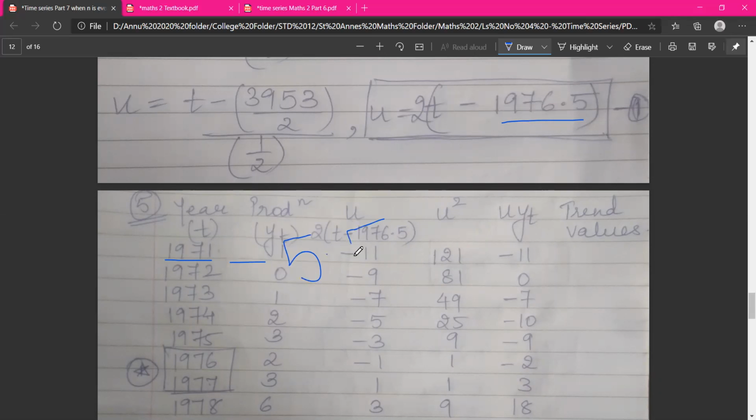So minus 5.5, as you can see bracket के बाहर 2 लगा है. So 2 into minus 5.5 you get minus 11. Similarly, 1976.5 में से you will subtract 1972. ठीक है ना? So you'll be getting minus 4.5. So minus 4.5 into 2 you'll get minus 9.